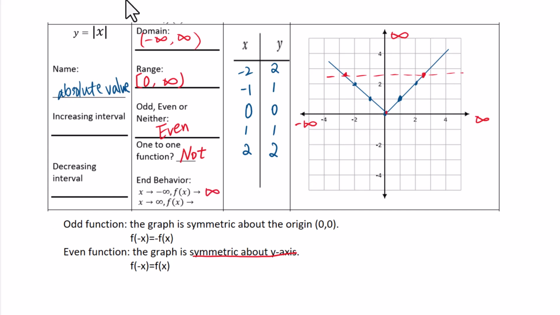When x approaches positive infinity, f of x approaches positive infinity. Increasing interval: from left to the right, the graph is going up from 0 to positive infinity. Decreasing interval: check the graph from left to right, the graph is going down. So the decreasing interval is from negative infinity to 0.